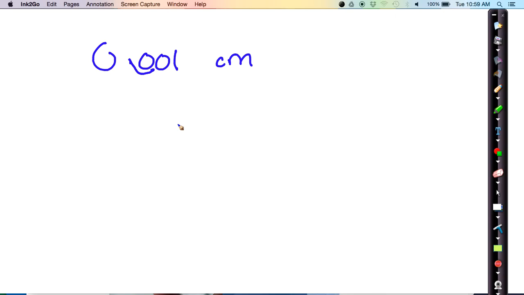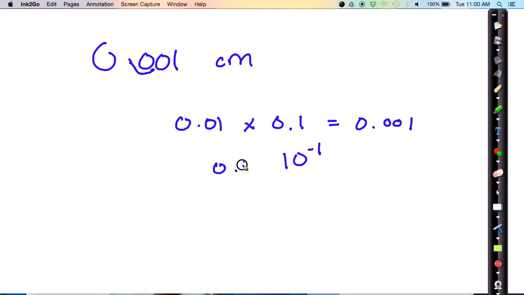So if I move the decimal to the right here once, I get 0.01. And the effect of moving the decimal to the right is the same thing as multiplying by 0.1. So we see that 0.01 times 0.1 is 0.001. And 0.1 is the same thing as 10 to the negative first power. So what I actually have here is 0.01 times 10 to the negative first power.